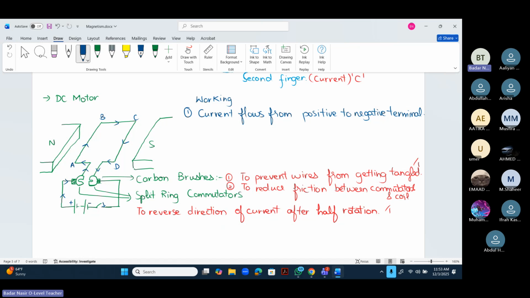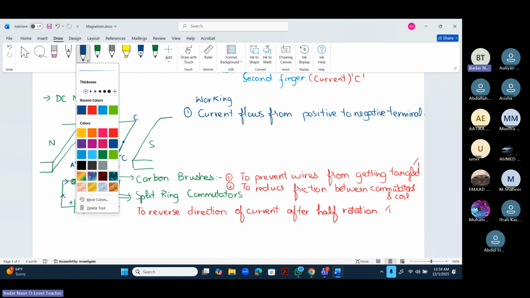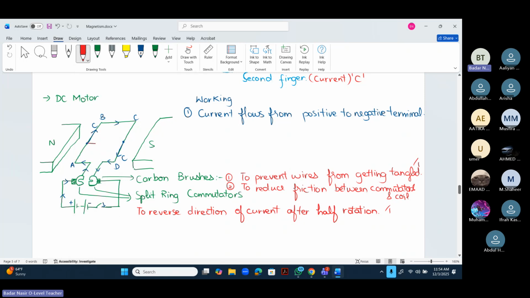ठीक है, उसके बाद क्या होता है कि ये आपके पास करंट है. Let's say this is the direction of the current in the coil. सो ये C से मैंने इसको denote कर दिया current की direction को. The magnetic field travels from north to south.